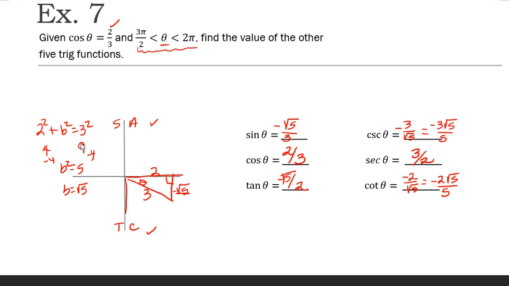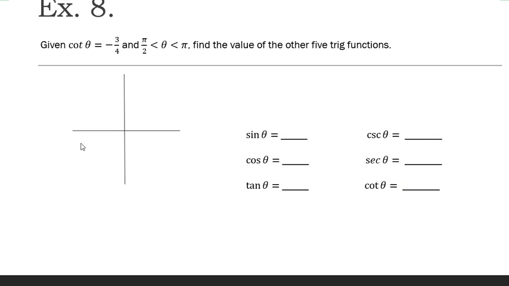All right, next problem. Given cotangent is equal to -3/4. So that means I know its opposite, tangent, is going to be -4/3. So cotangent's negative.